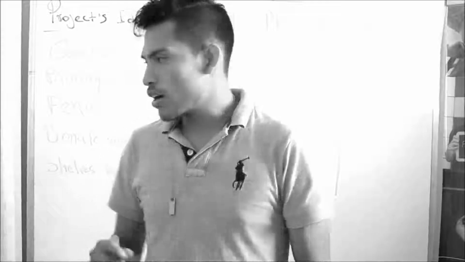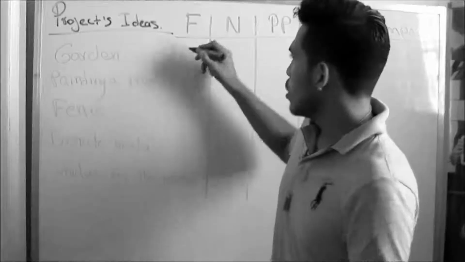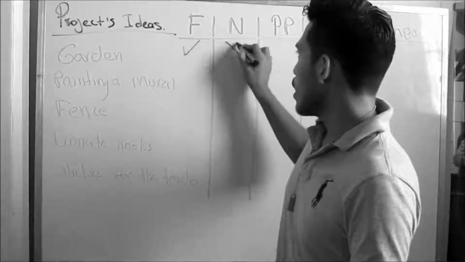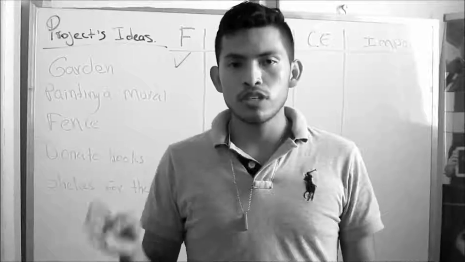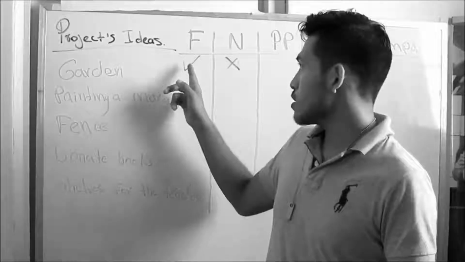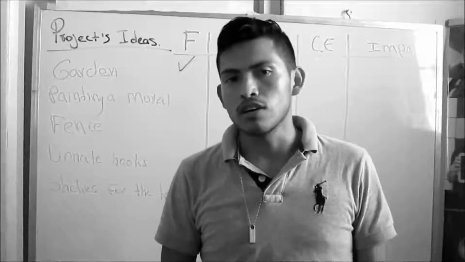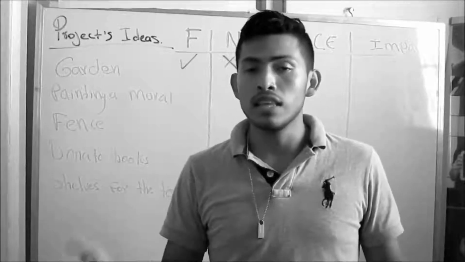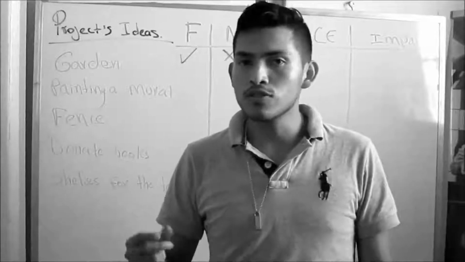When I ask them about feasibility, I'm gonna use check or X. If 50% of the group, in this case more than 11 people, agree with this, we go check. If less than 50%, fewer than 11 people, agree with this, I go with the X. So in that way it goes faster.